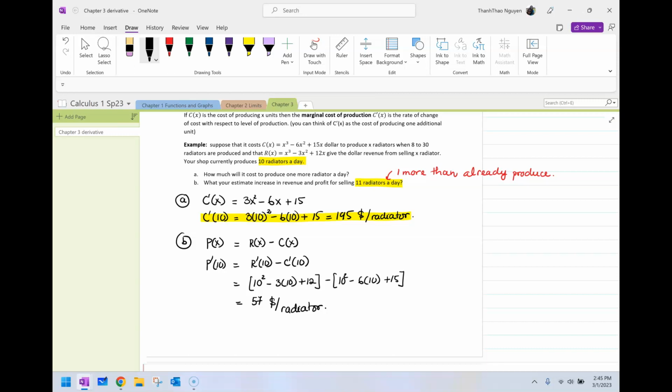So if you produce one more radiator than what you already produced, and sell it for profit, you make another $57.